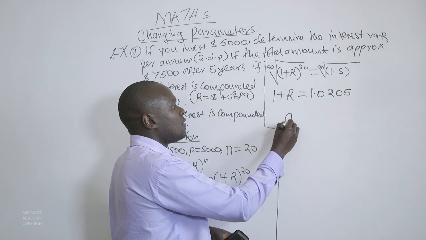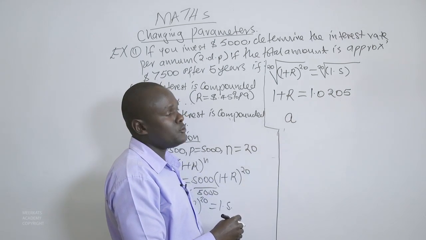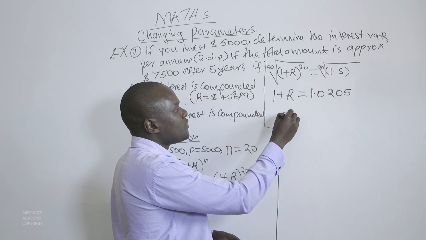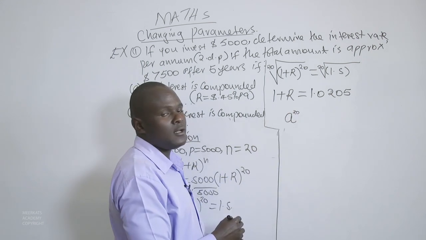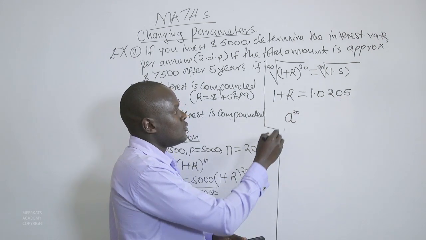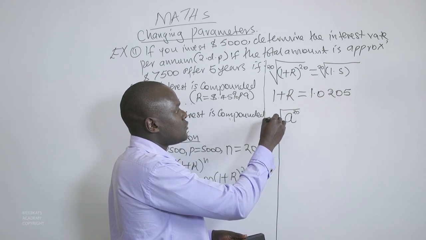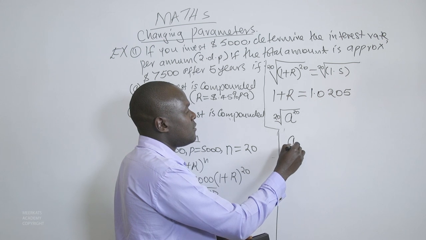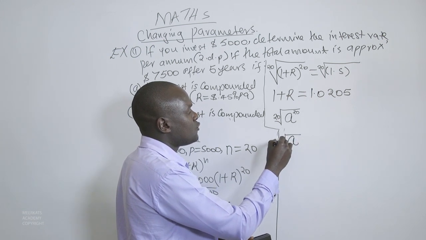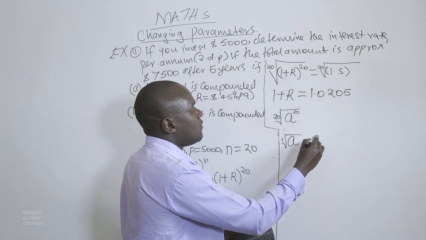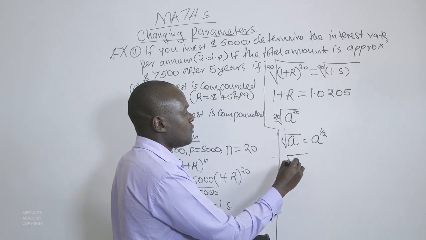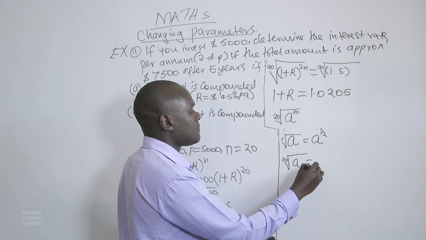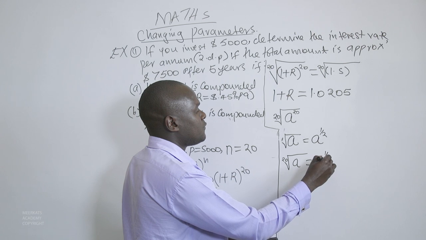Just a reminder, maybe you might not realize what we are doing here. When we talk of a number, let us take up a pronumeral a, which is raised to power 20, and we want to get the 20th root of this. Remember, the square root of a is the same as a raised to power a half. So the 20th root of a is the same as a raised to power 1 out of 20.